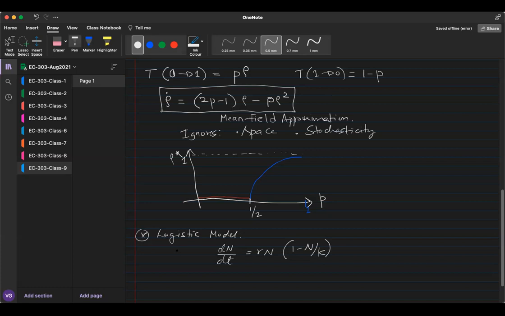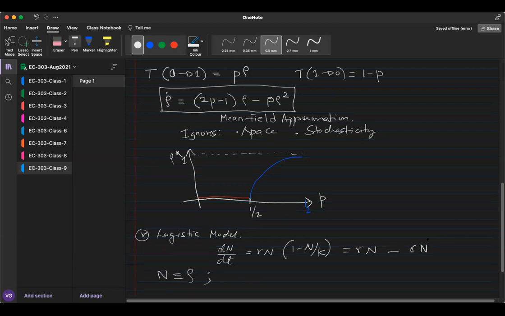So let's think of n as rho. Now if we expand this, we get Rn minus Rn squared by K, right? Now what is Rn here? That's equivalent to the linear term, so it will be 2p minus 1. Therefore, the intrinsic growth rate R becomes 2p minus 1.